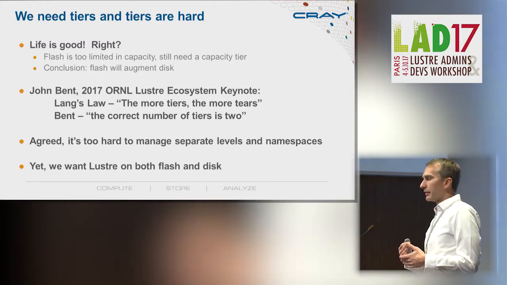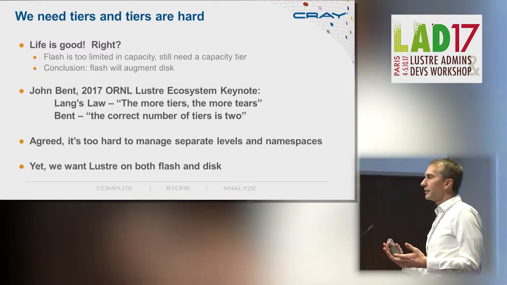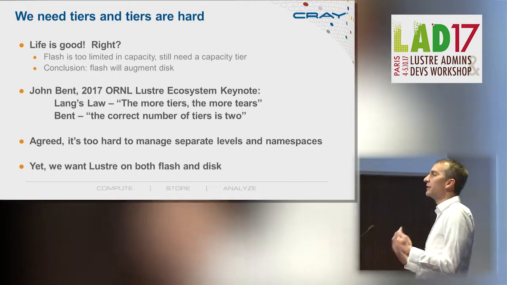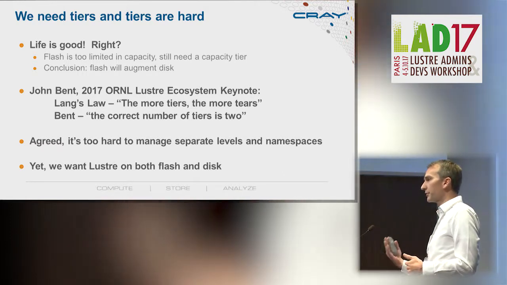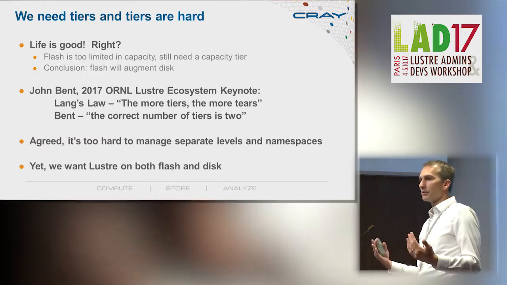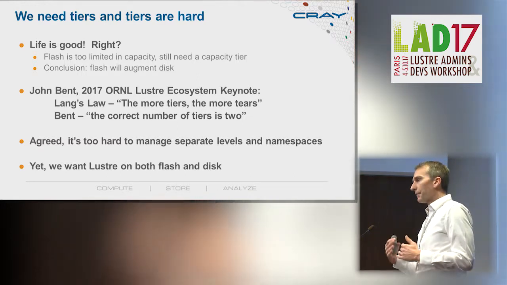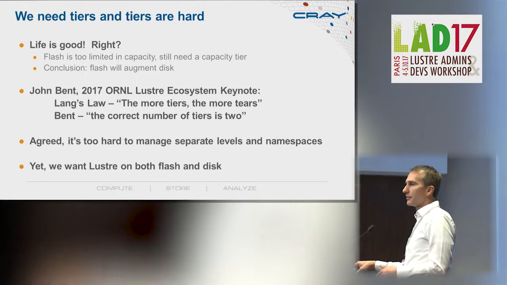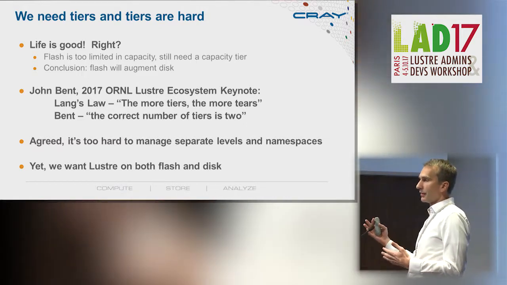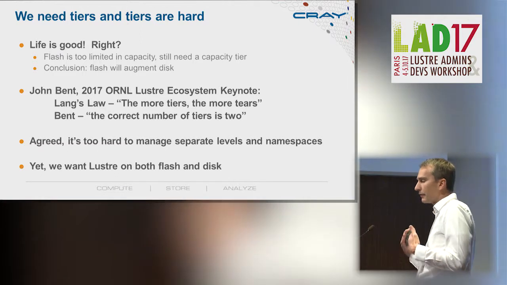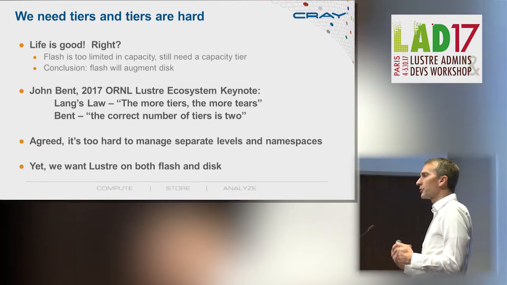And so the reality is that we're going to need to deal with both of these things. We're going to need to deal with Flash, we're going to need to deal with disk, and we're going to need to figure out how that fits into the storage architecture. We're going to need a capacity tier, essentially, that's disk, certainly, and the question is, how will Flash augment that disk?